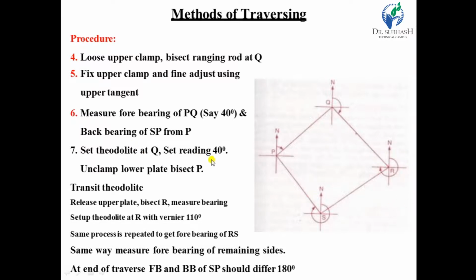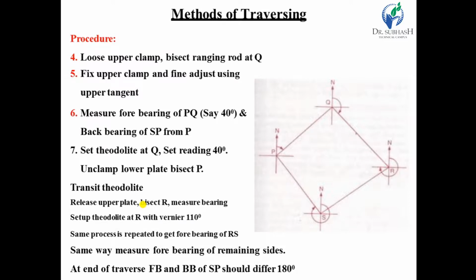Set the theodolite at Q. Set the reading 40 degrees. Unclamp the lower plate and bisect P. Transit the theodolite, release the upper plate, bisect R and measure the bearing.